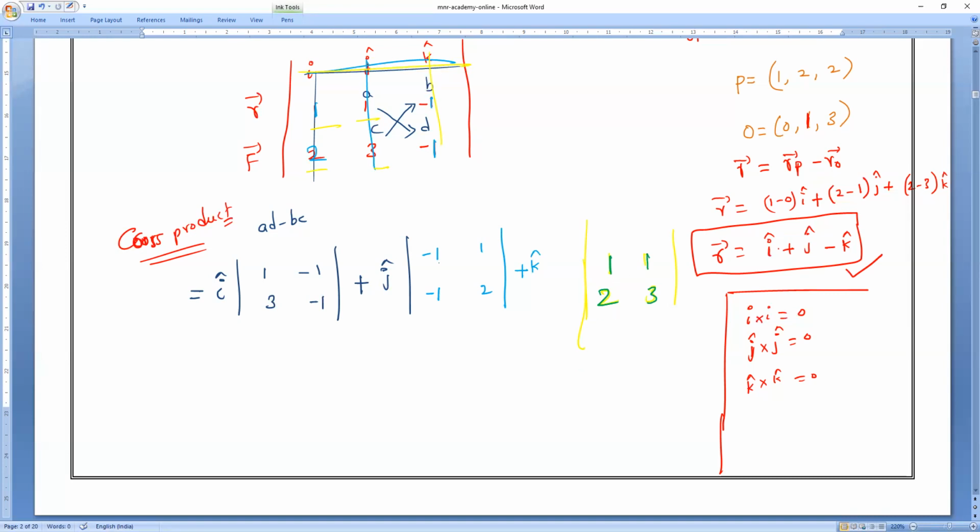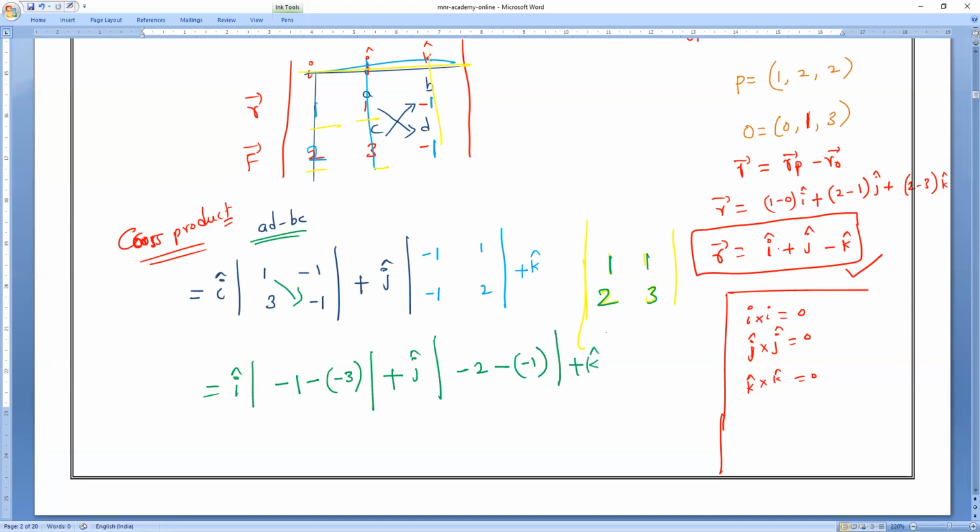So you can do the cross multiply, AD minus BC, everywhere. I cap into 1 into minus 1, minus 1, minus of minus 1 into 3, that is plus 3. Next, plus J cap into minus 1 into 2, that is minus 2, minus of minus 1 into 1, that is plus 1.